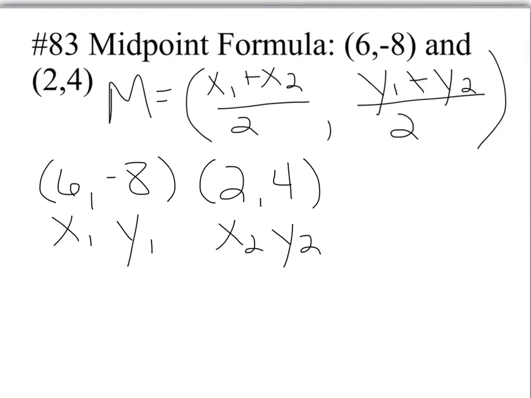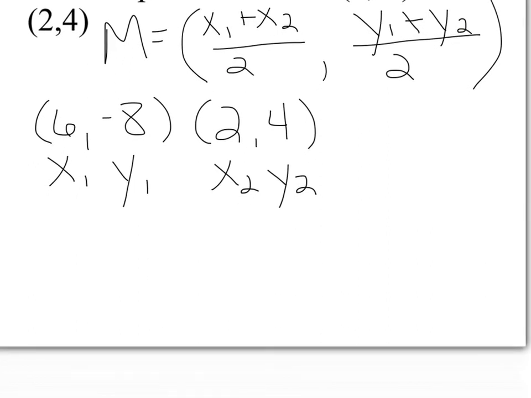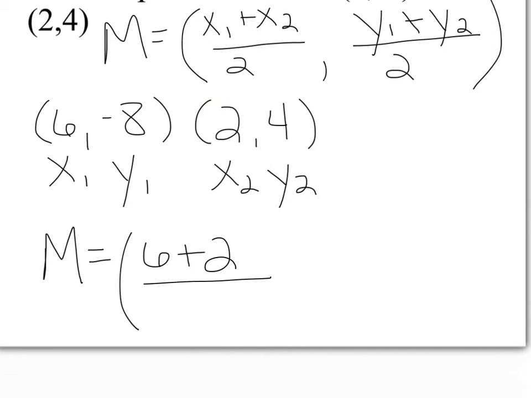So now when I go to plug in, the first thing I want is x1, right? So first I have M is equal to, now I want x1. This is x1. So I have 6 plus x2, which is here, just 2, over 2.